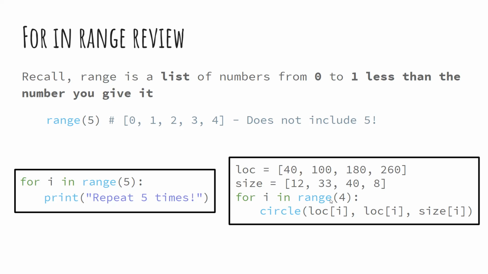So we are looping over 4 times, and we are using the values as the parameters of the circle function that we learned in session 1. The loop continues for 4 times. Initially 40 would be the value over here, and then 100, and then 12. This is how it's going to go on every single time.